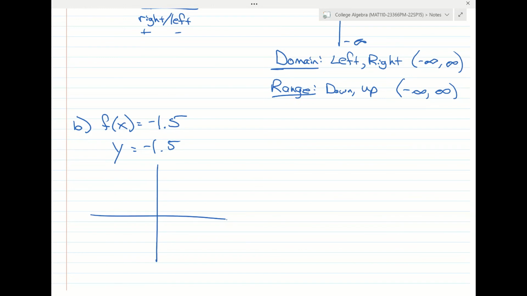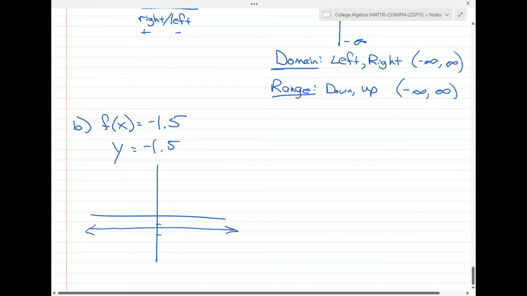Anytime you have y equals, it's a horizontal line. The negative 1.5 would be right here. Y equals negative 1.5. That's what it looks like. Remember, anytime you have y equals, we say that the slope is 0.